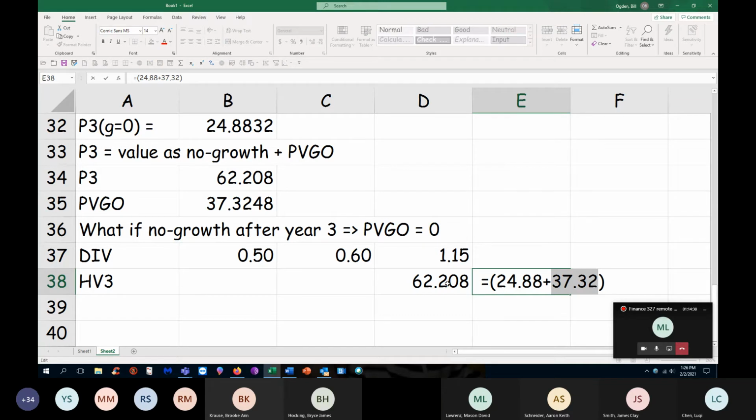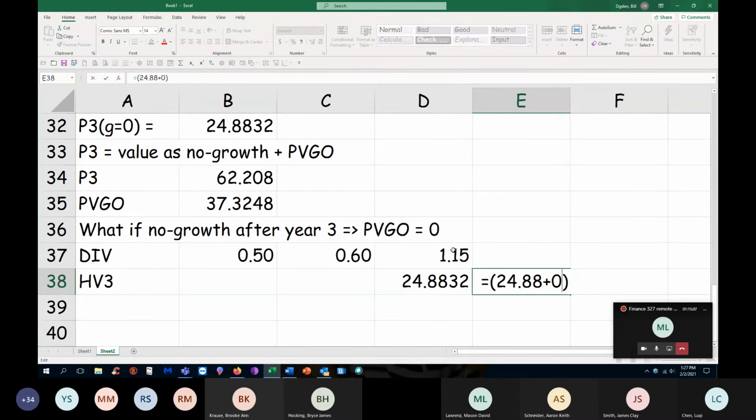Okay, so let's go back to here, and let's take out the 3732, and we know that it's 2488, don't we? So I'm going to say equals 2488, and we'll change this to plus 0, because that's gone.